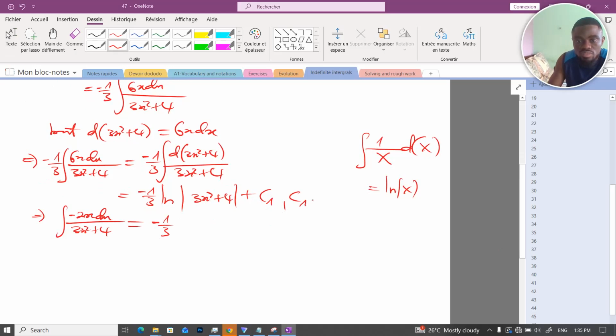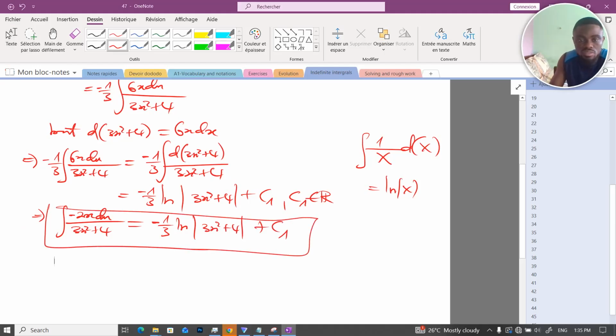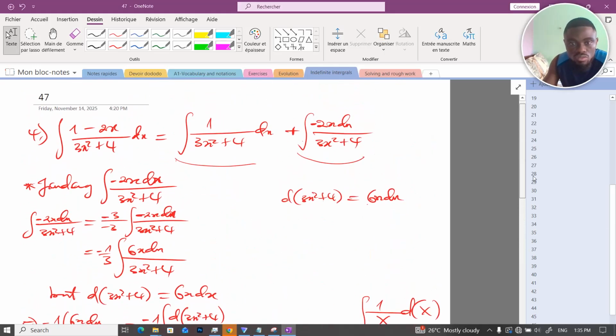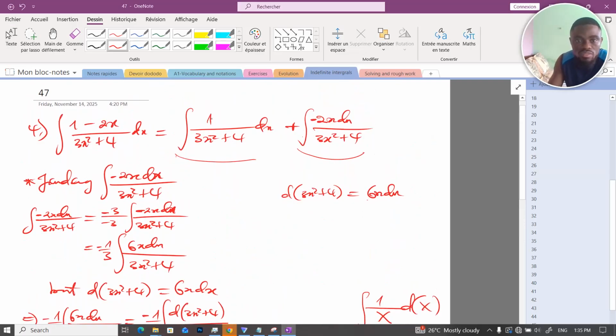I did not precise here that c1 belongs to R. Always precise it. So we have already the first integral. Let's do the next one. We have to find the integral of 1 all over 3x squared plus 4. Very good.